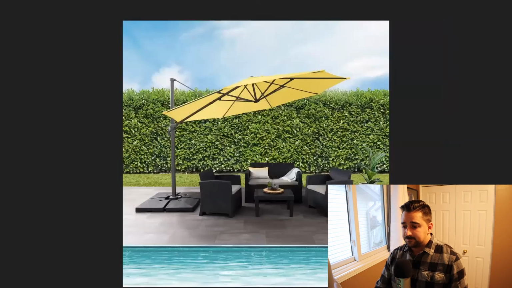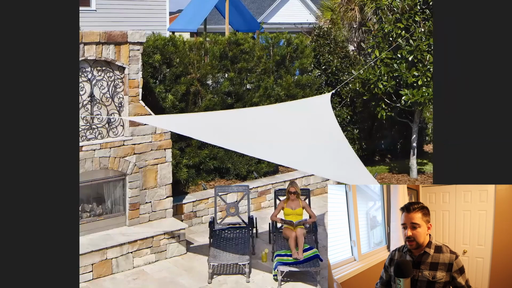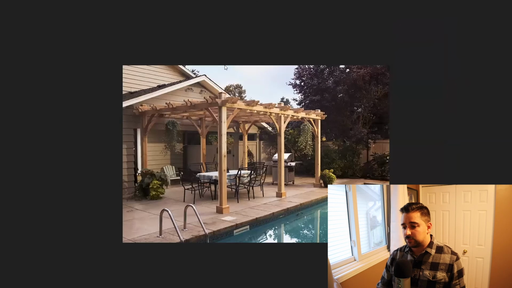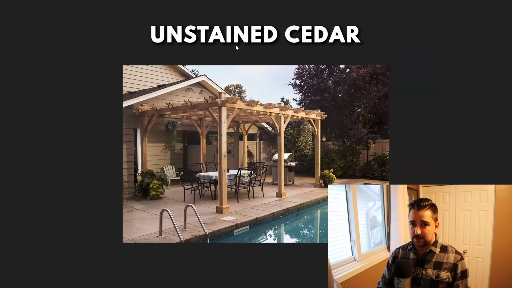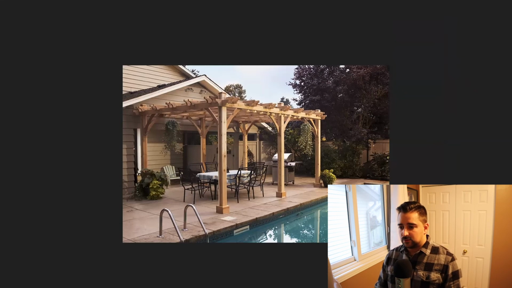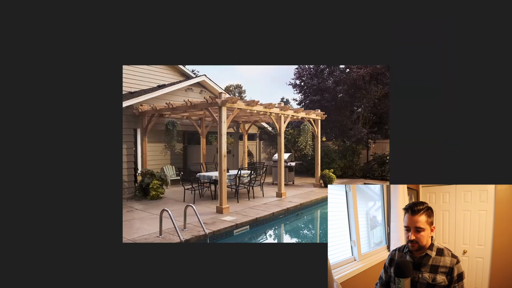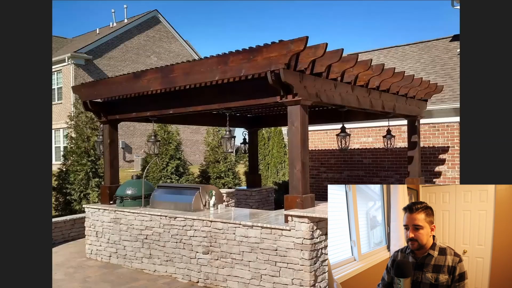So to recap, you have your umbrellas, you have your shade sails, you have your pergolas, the unstained cedar. Sometimes they even build out of pressure treated, but I really wouldn't recommend that. The quality of pressure treated just isn't as good as the cedar. You can hear a lot of differences on that, but that's just my opinion.